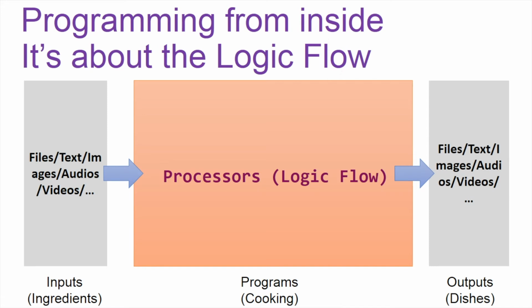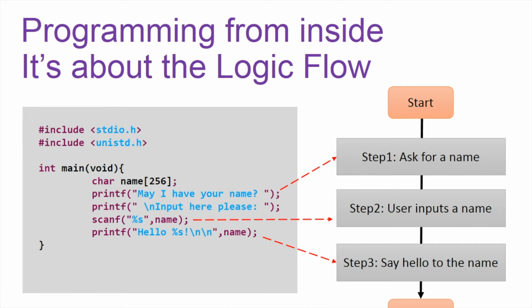From the inside point of view, the program is about logic. As I have told you several times, programming is about the logic flow. Logic flow is something like how you do the thing following steps. For example, in this program, the logic is: step 1, you ask for a name and the user inputs his name for you.